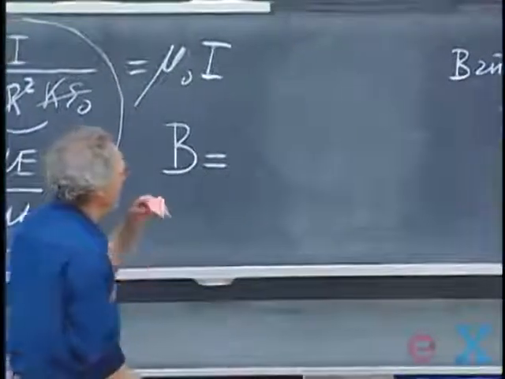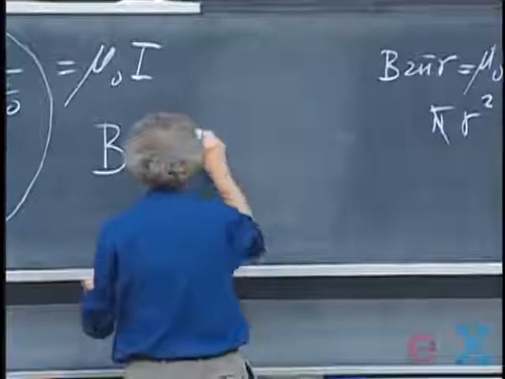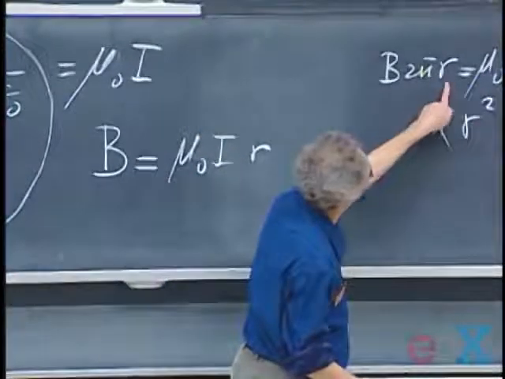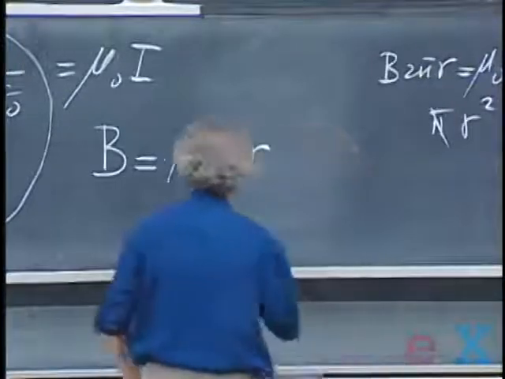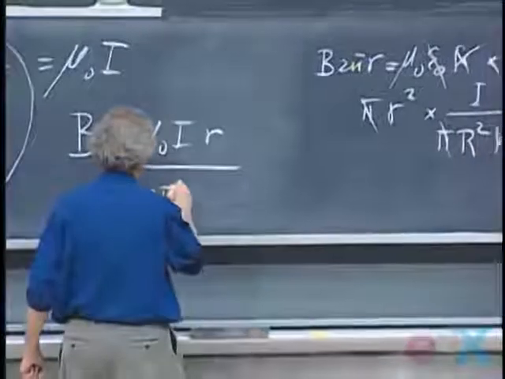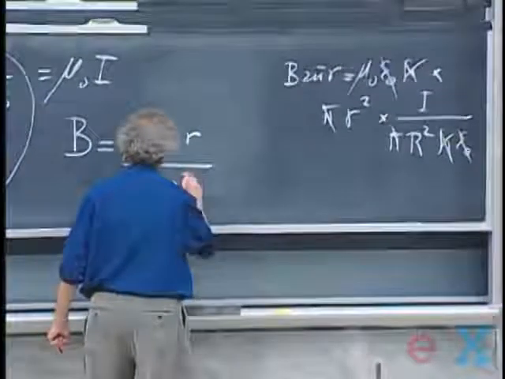Because if I make up my balance, I get upstairs mu zero times I, but I get one little r upstairs. You see, you have r squared here and you have r here. And downstairs, I get 2 pi, and then I get a capital R squared.